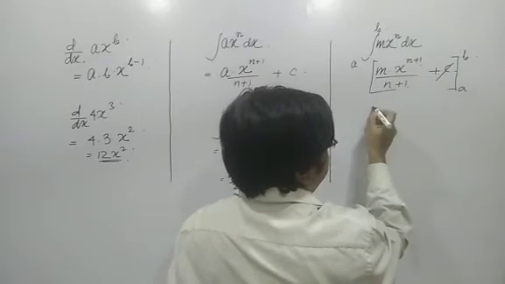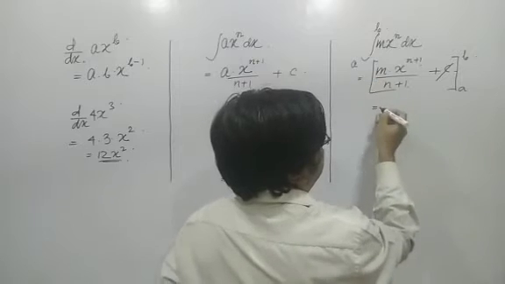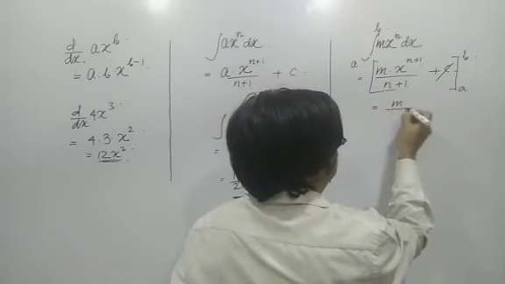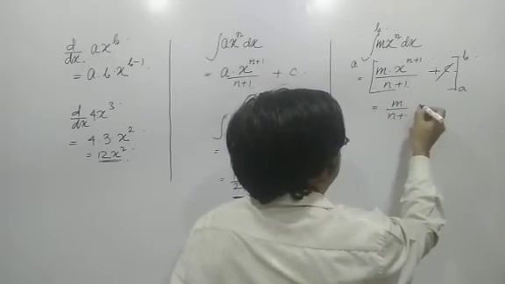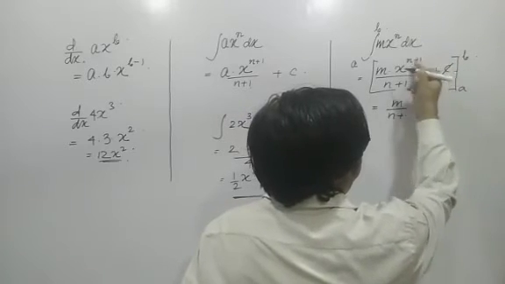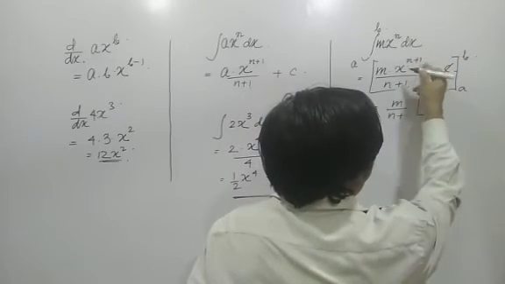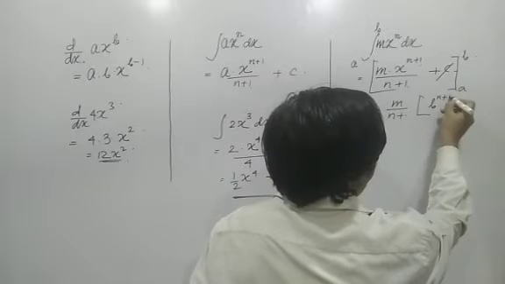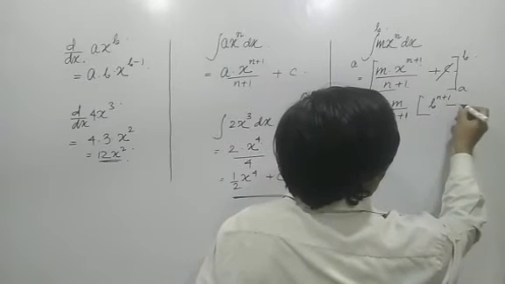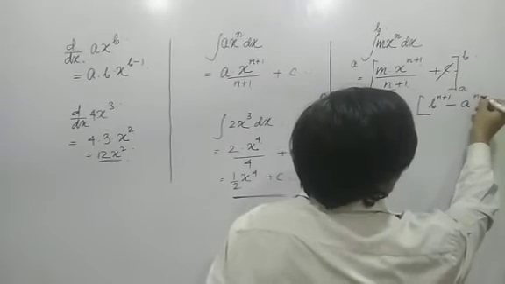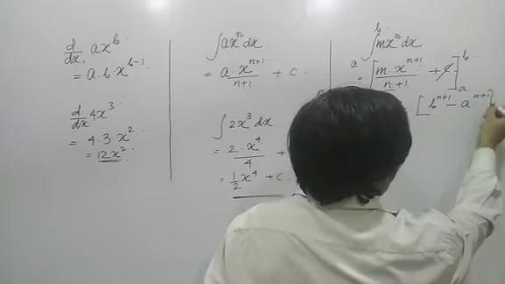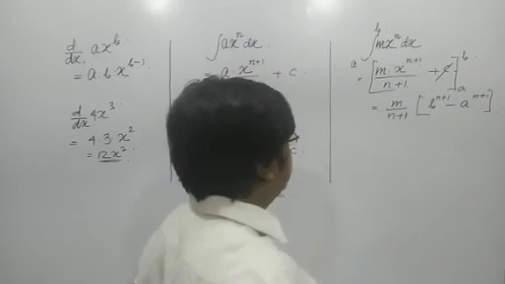So the next step is to be followed likewise. It is equal to m/(n+1) into upper limit b to the power n plus 1 minus a to the power n plus 1. Clear? Very simple.